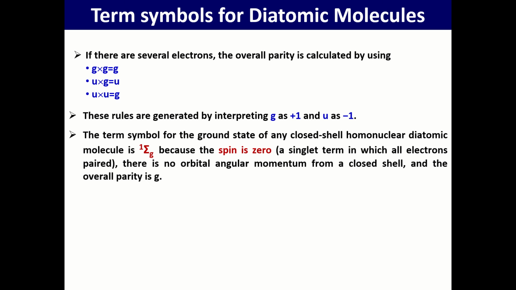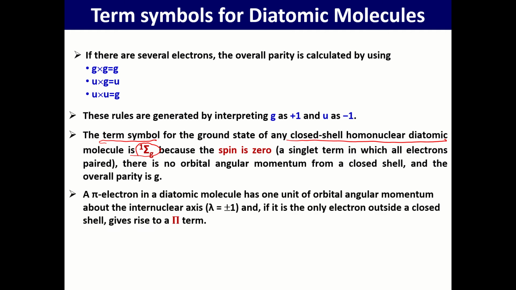The ground state of any homonuclear diatomic molecule will have this term symbol, for a closed shell homonuclear diatomic molecule, where spin is zero. Okay, so whenever you have pi electrons, you will have plus minus lambda, plus minus 1.